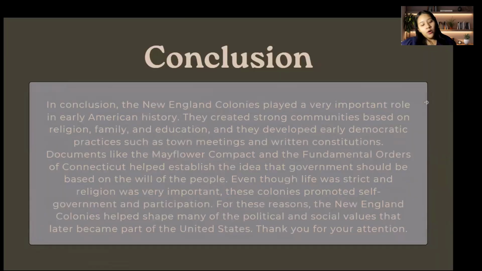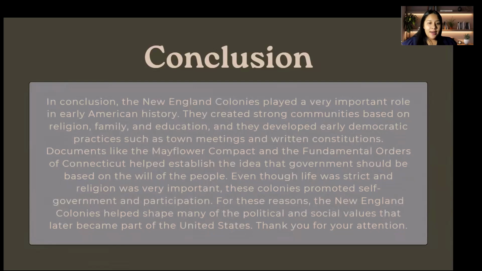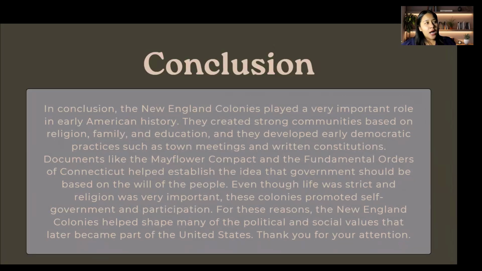And as a conclusion, the New England colonies were very important in early American history. Even though they were small and had a difficult environment, they created strong communities based on religion, family, and education.